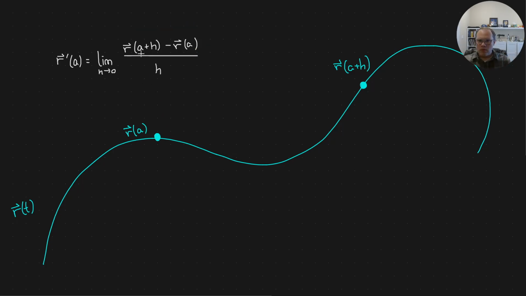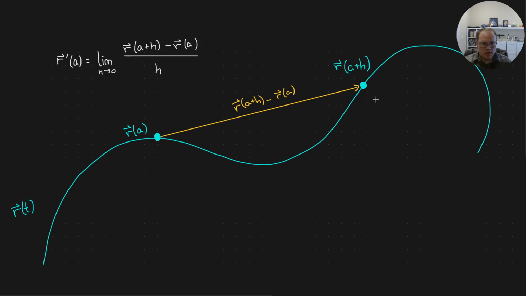When we take this and subtract that, we'll get a vector. We're doing vector subtraction here, and so the resultant vector is end minus start. It's the vector that ends at this point and starts at that point. This is the vector r of a plus h minus r of a.